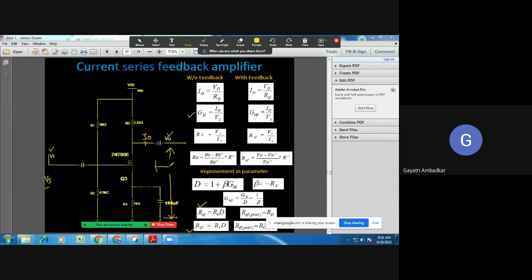So your AC output is available like this, not like this. Suppose you are giving this signal input, so your output is like this. This is your VO. You have connected here a capacitor. Currently, see, a switch is connected here. I'll explain how feedback is happening in this circuit.